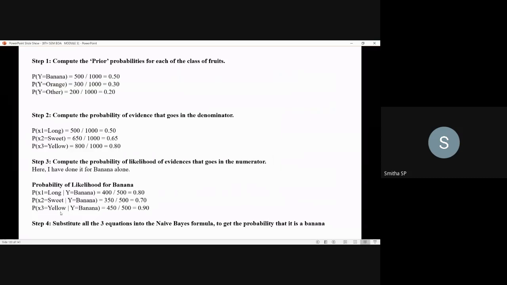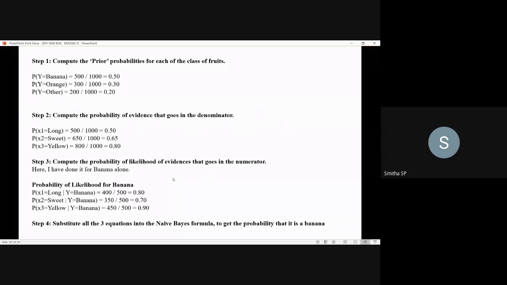Similarly for the third feature yellow, 450 divided by 500 is equal to 0.90.